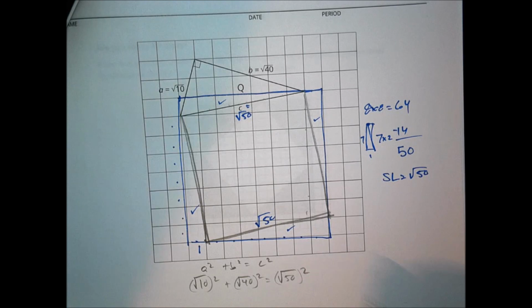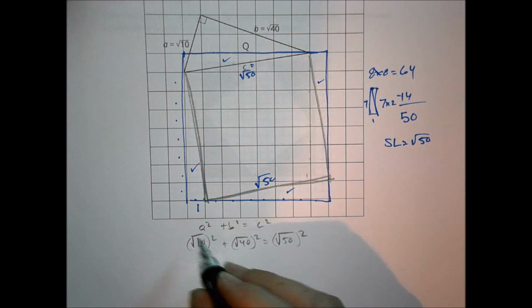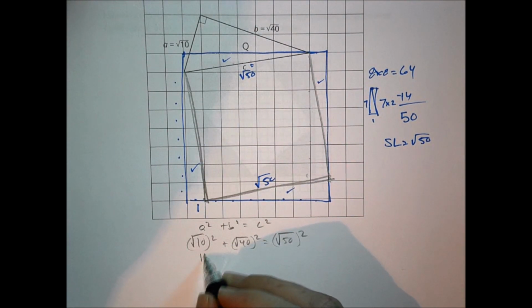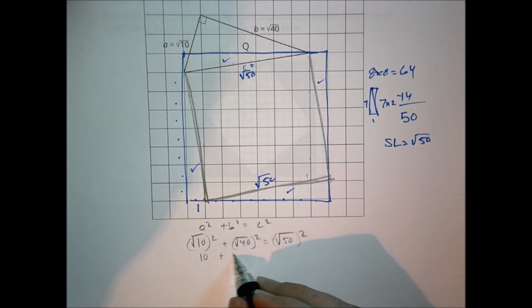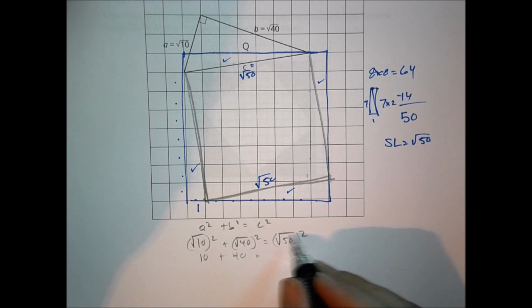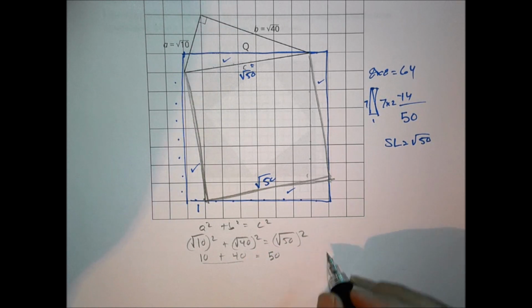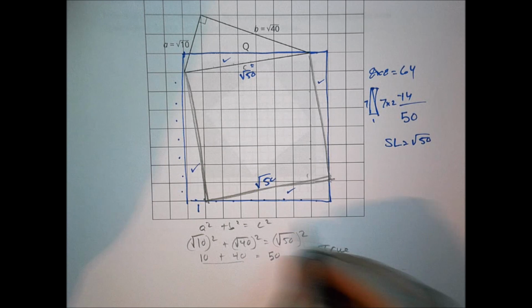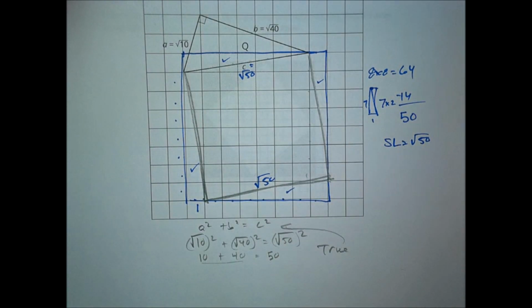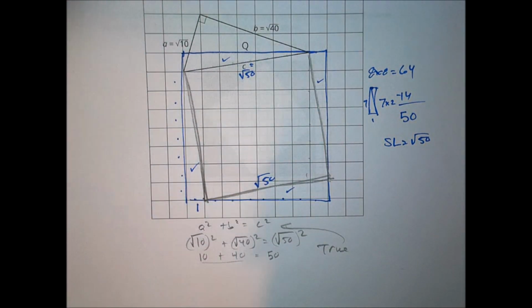Is that true? Well, the square root of 10 squared is simply the number 10. Root 40 squared is the number 40. And then root 50 squared is going to be 50. 10 plus 40 is 50, so this is going to be true for our little theorem right there. It's working pretty well. Okay, well, let's look at the next one here.